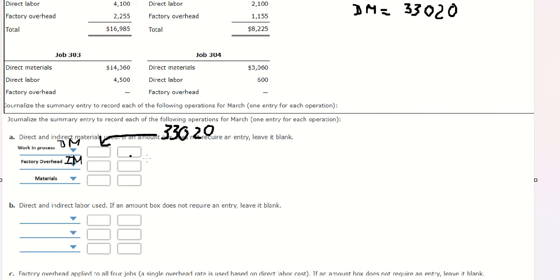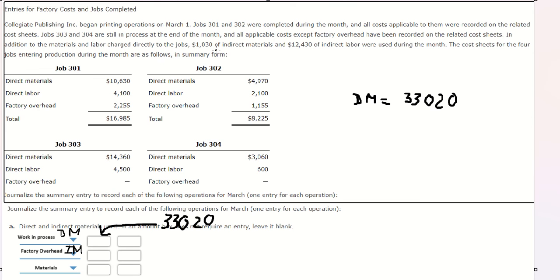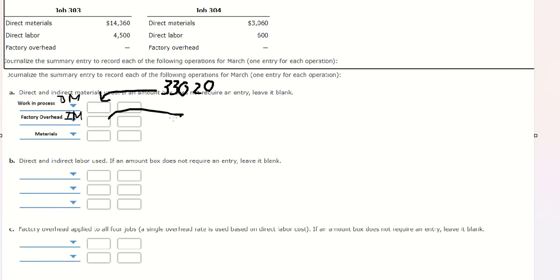Indirect material is on here. So we put 1,030 in here. So we sum the two numbers together, and this one you got about 34,050.